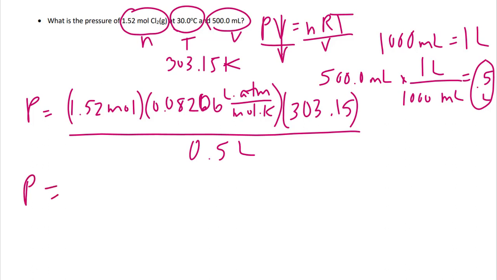And when we do my math, looking at my significant figures, again, I have 3 sig figs here, 3 sig figs there, 4 sig figs there, so I want to end up with 3. My pressure should be 75.6 ATMs.